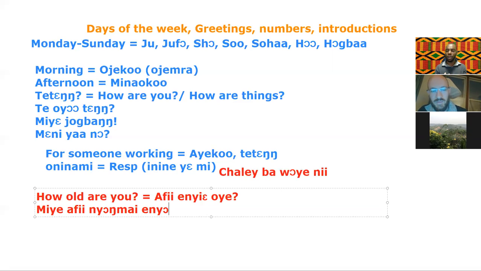Nyongmai plural, tens. So how many tens? 2 tens. Nyongmai enyo. And then to add, you have to add ke. And if it is say 23, 3 is 18. So if 23, it becomes nyongmai enyo. Okay, that's tens. So nyongma is 10. Tens, nyongmai. So 2 tens and a 3.